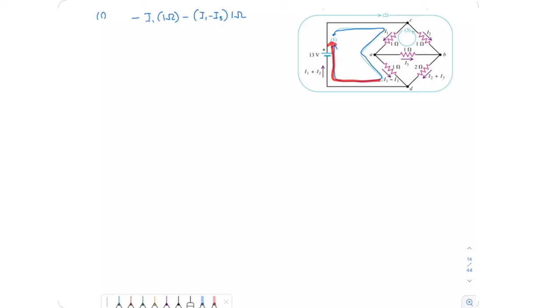And then finally, I go across to this voltage source. Is that a voltage drop or a voltage gain, going from the bottom to the top? Alicia?